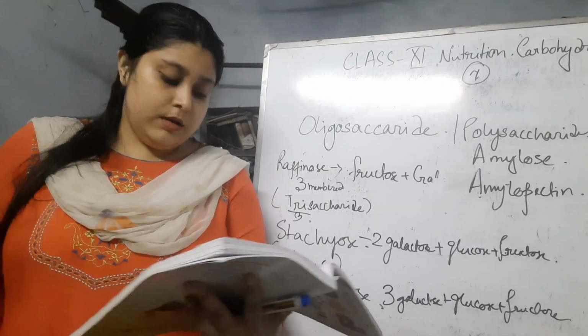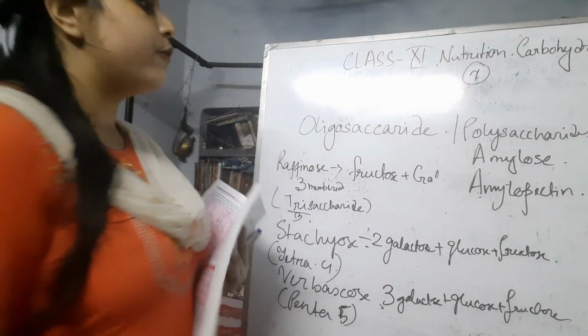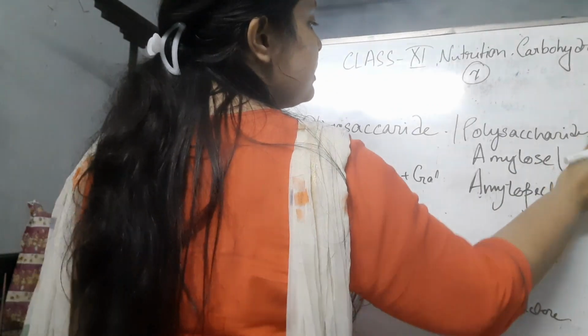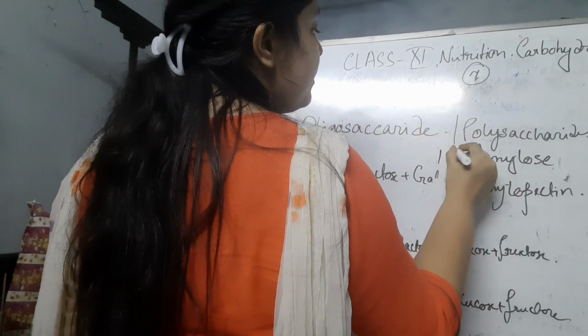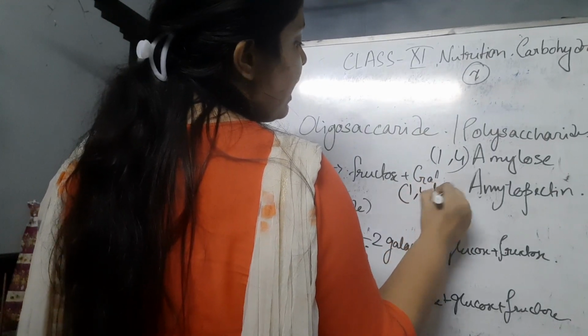Amylose is somewhat a linear chain, having the 1,4 glycosidic linkage. Amylopectin has both 1,4 and 1,6 glycosidic linkages.